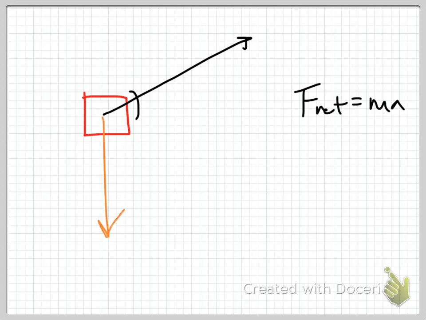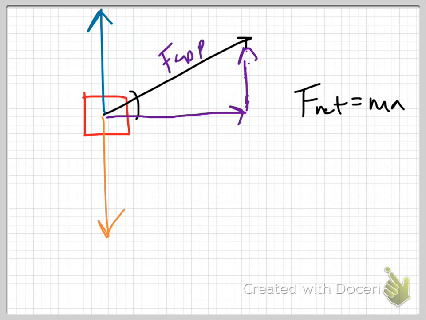We know that normal force is straight up. We know that the applied force is being broken into two components. So if this is the applied force, we've got F applied sine theta, F applied cosine theta. That's pretty easy. Everybody gets that.